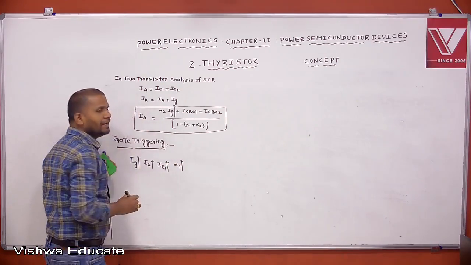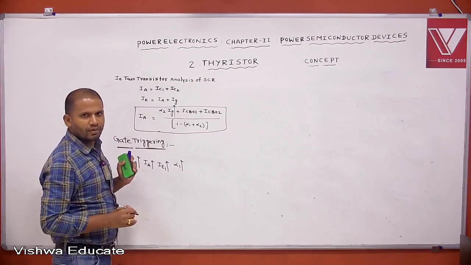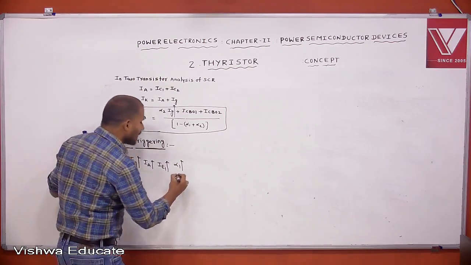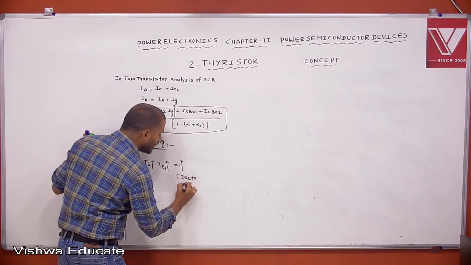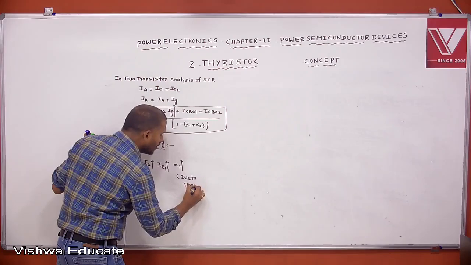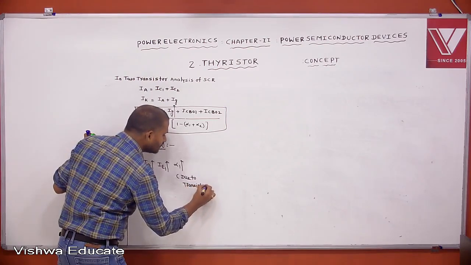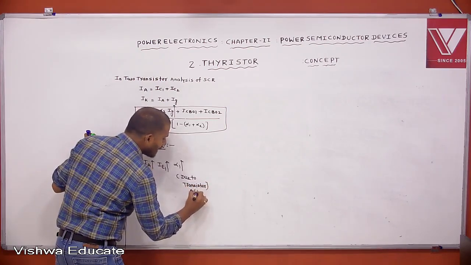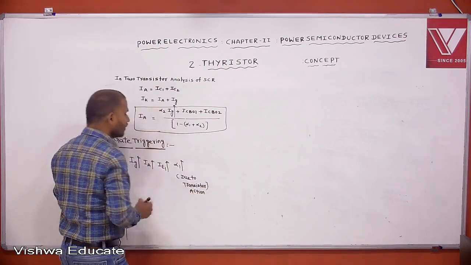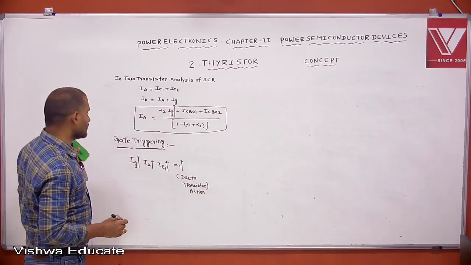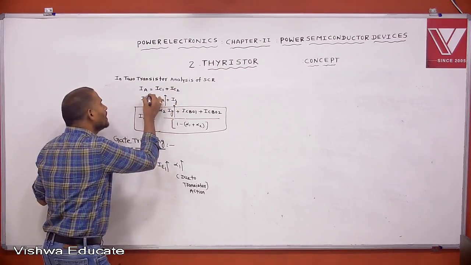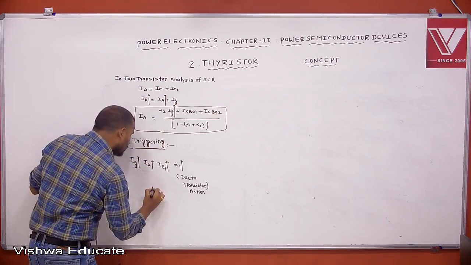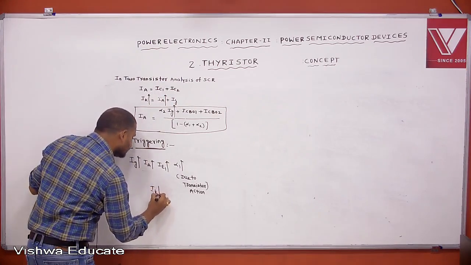That is, the current gain increases due to transistor action. How is it possible? Due to transistor action only it is possible. Alpha 1 is increased. Now, tell me, if IA is increased, what about IK also? Cathode current is also increased.